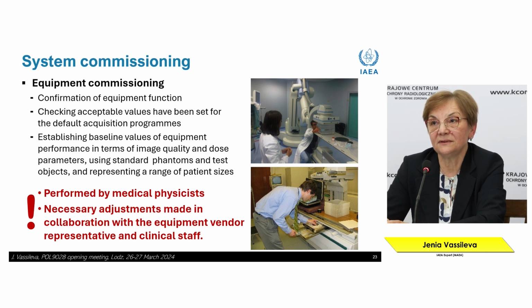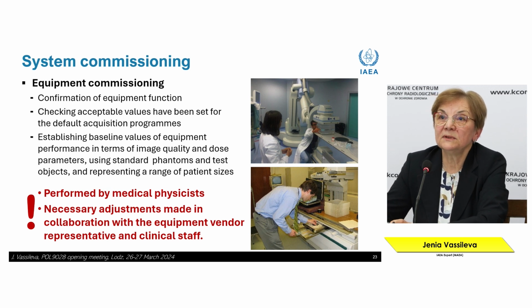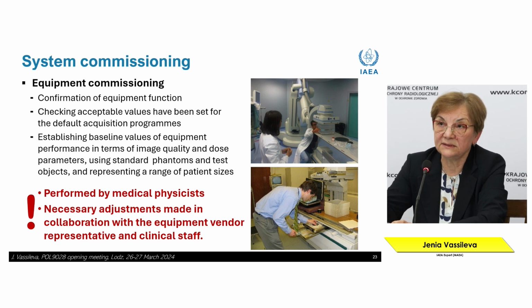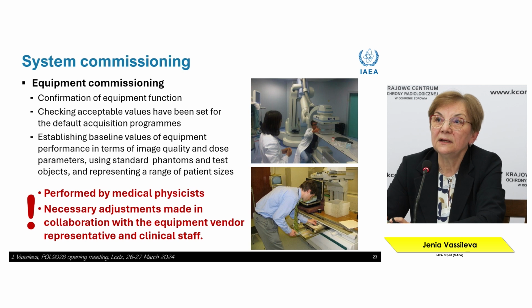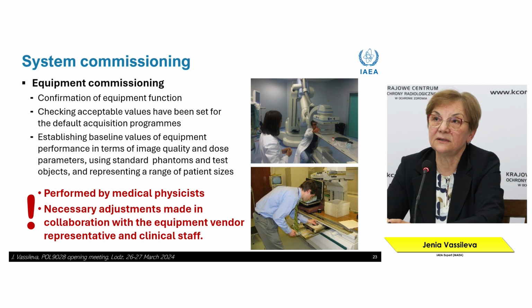Nowadays, it is very important to make a full characterization of the system with proper measurements for all fluoroscopy and acquisition modes with different thicknesses of the PMMA phantom, as we can see in the picture, measuring also the entrance surface dose, the air kerma rate for the patient, and of course characterizing the scatter radiation around in different modes.